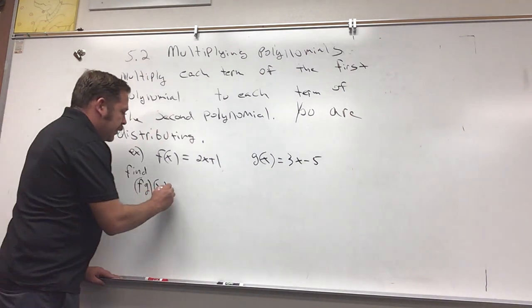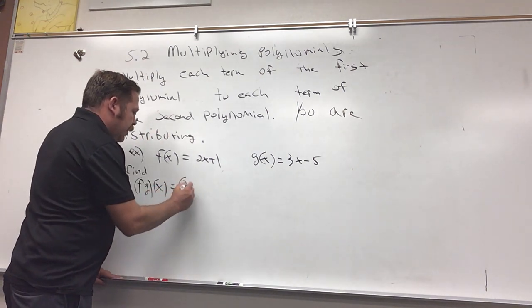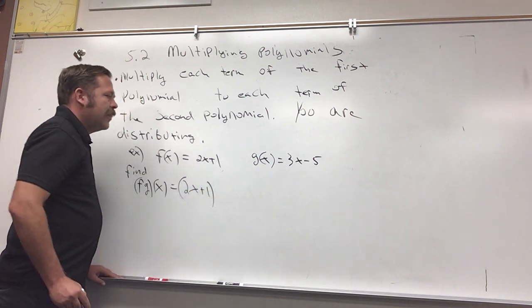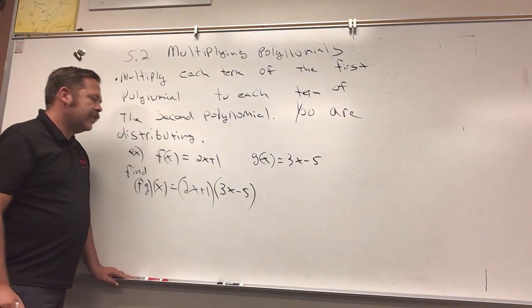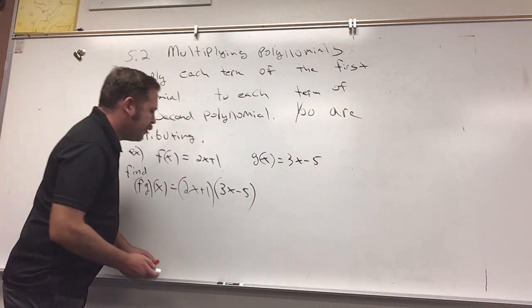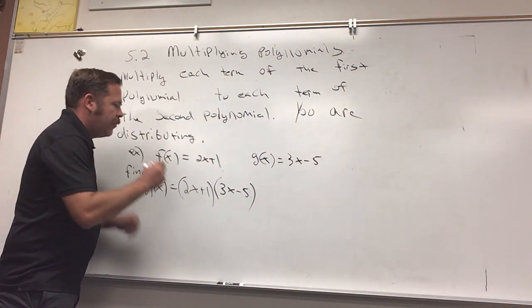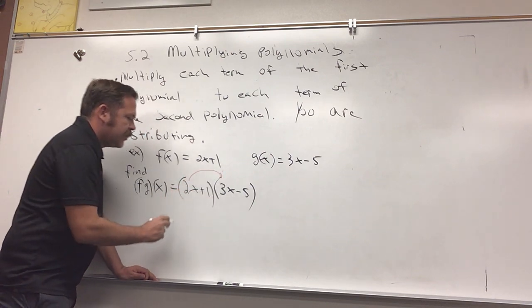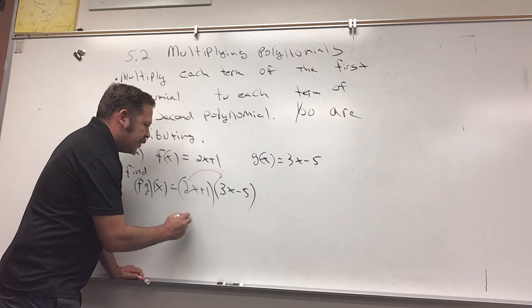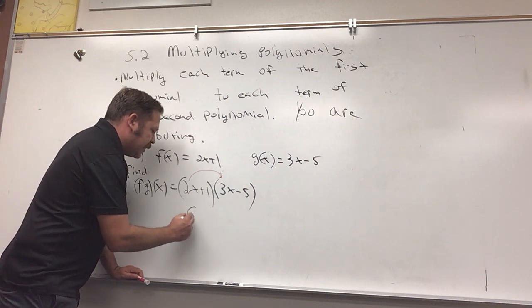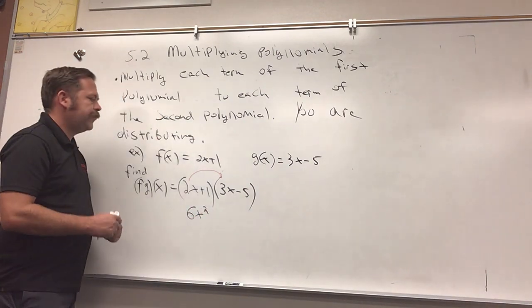So all that means is 2x plus 1 times 3x minus 5, okay? So we're gonna take this 2x and we're gonna distribute it to the 3x. 2 times 3 is 6, and x times x is x squared, so we get 6x squared.